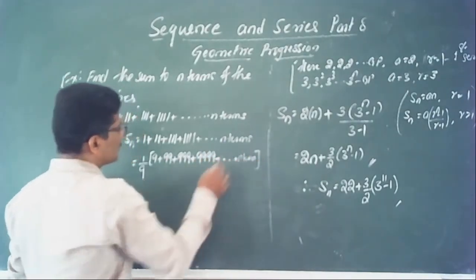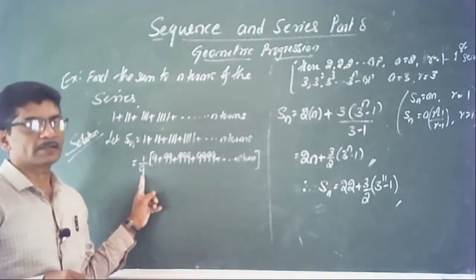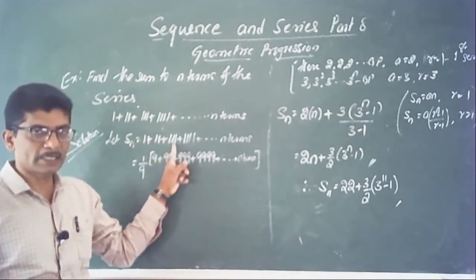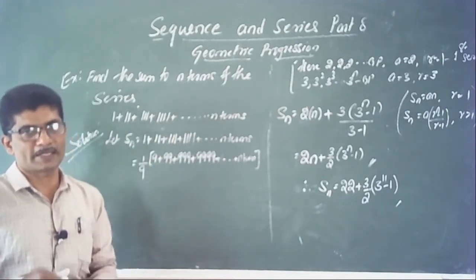Here we multiply by 9 and to balance it we divide by 9. If we simplify this, you get 1 plus 11 plus 111 plus 1111 continuing up to n terms.